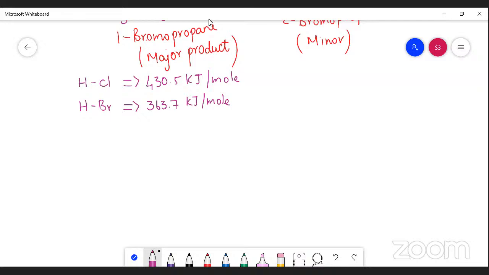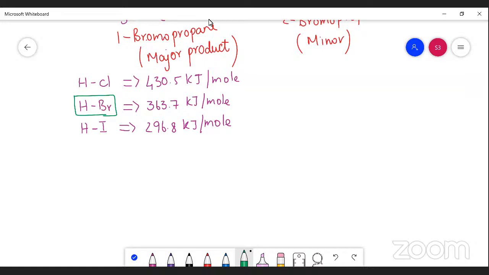Now, in the case of HI, it is 296.8 kilojoules per mole. The anti-Markovnikov product is applicable only for HBr. So for the anti-Markovnikov reaction, we use only HBr, not HCl or HI.